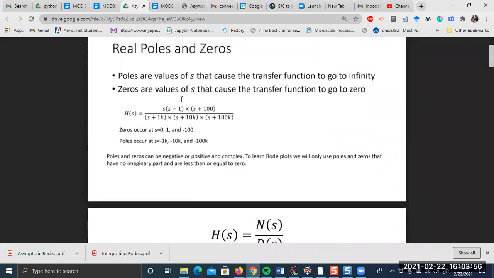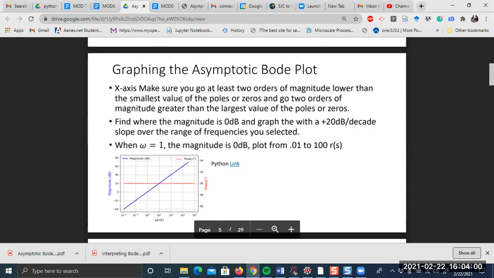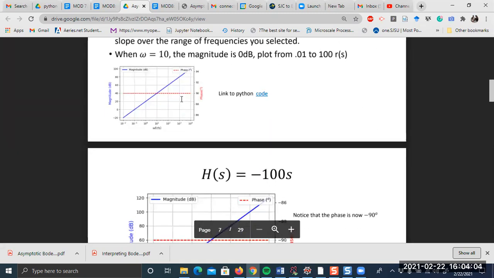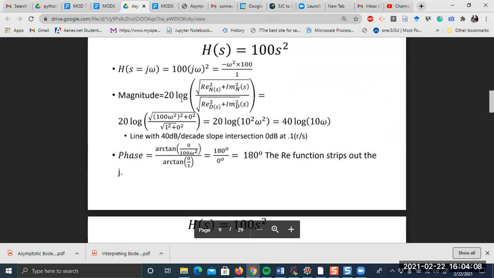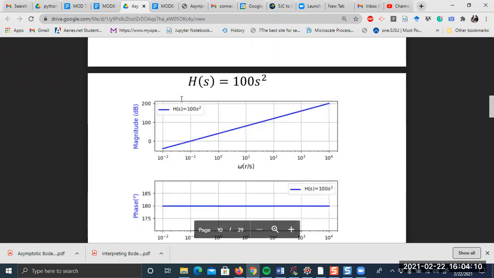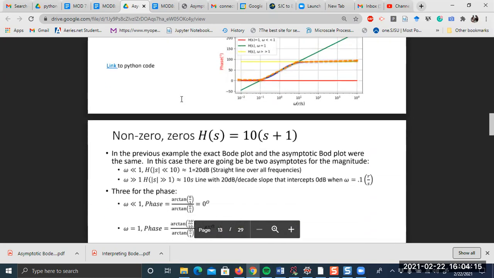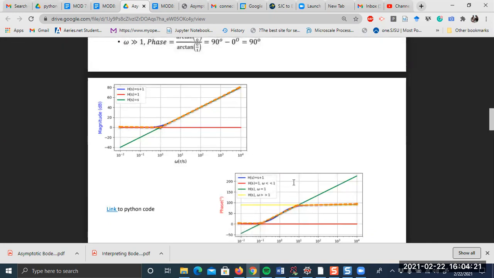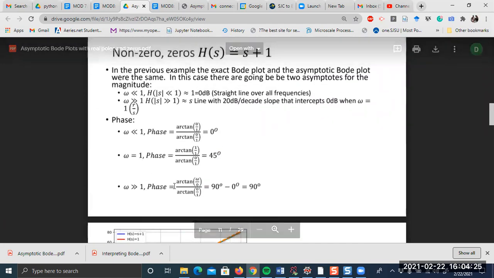All right. Where it even includes the review, right? And it's giving examples of minus 100s, right? 100 times s squared, so things going up. All right. Just like I did in the example, I have this, and then omega less than 1, equal to 1, greater than 1.